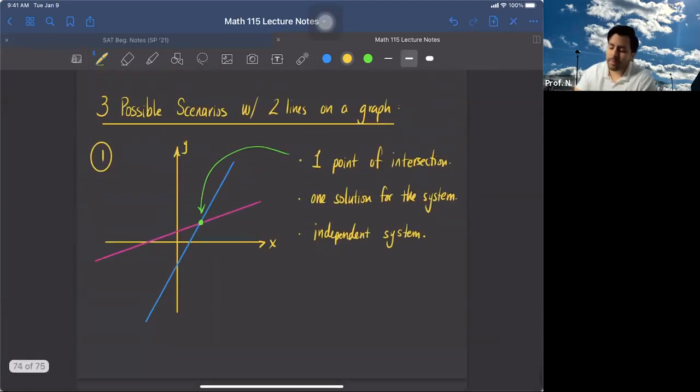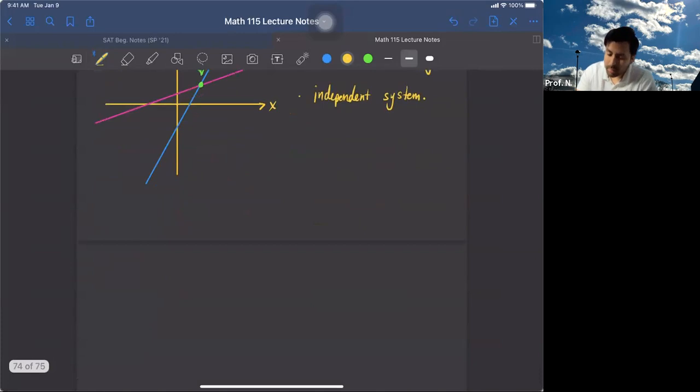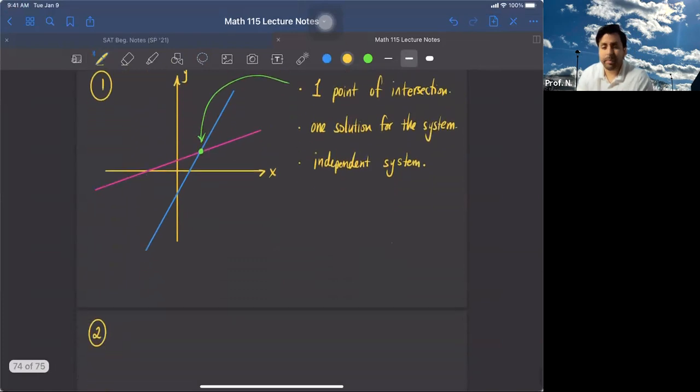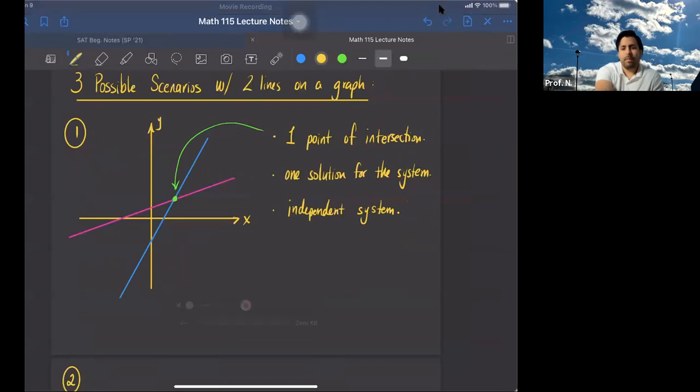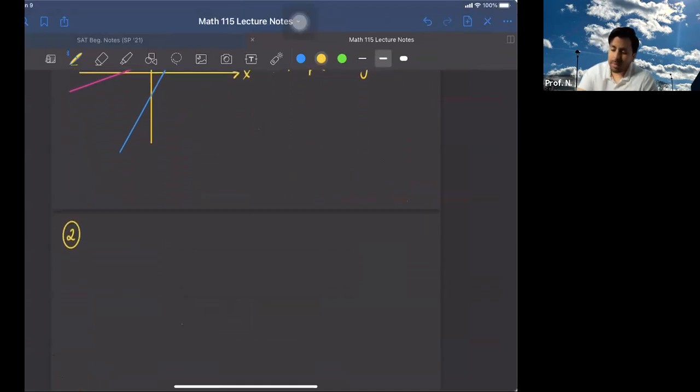That's number one. What other possibility could occur? What do you guys think? They never intersect, of course. We just talked about lines that never intersect.